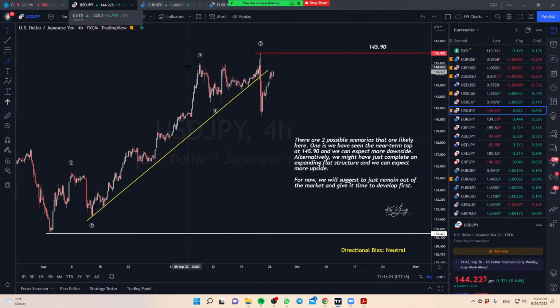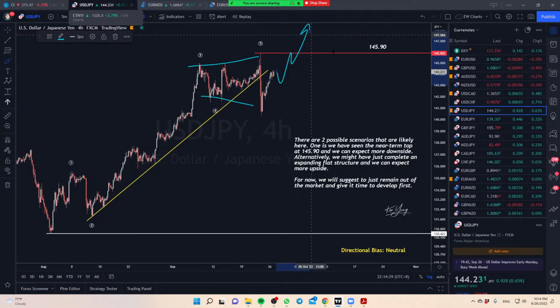So this can actually be a consolidation, and we can see more upside from here. If that happens, naturally you want to be buying. But as of this point in time, you never know what's going to happen. So we need some sign of confirmation that if this is going to go up, then I'll be looking for the buy. But we're probably not going to get that confirmation within this week.